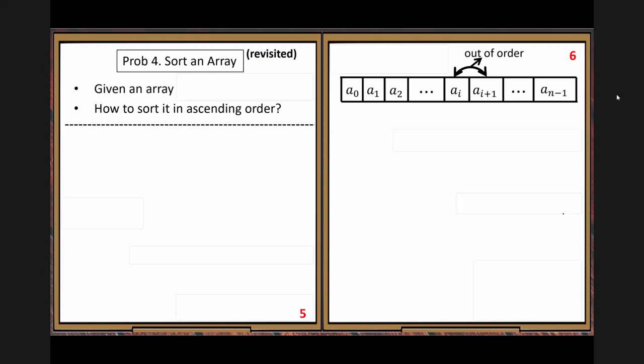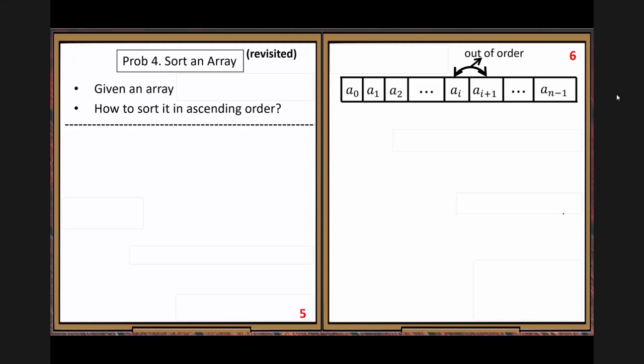That property matches our goal. Our goal is to make the whole array ascending. When we only look at these two elements, they are already in ascending order, then we feel happy. Nothing is wrong.